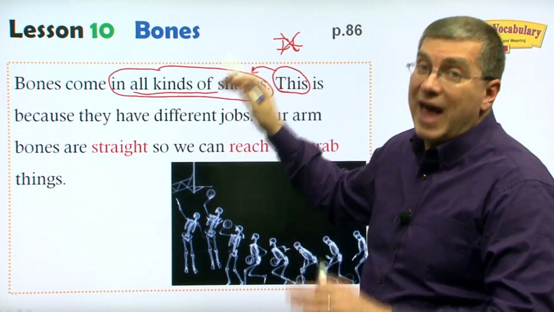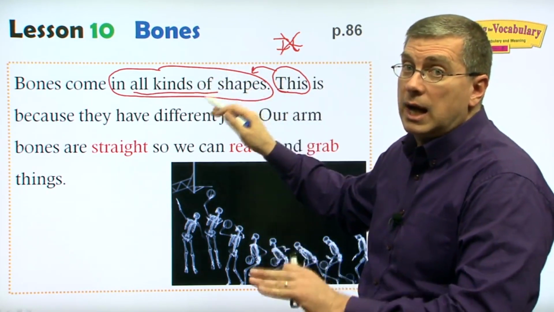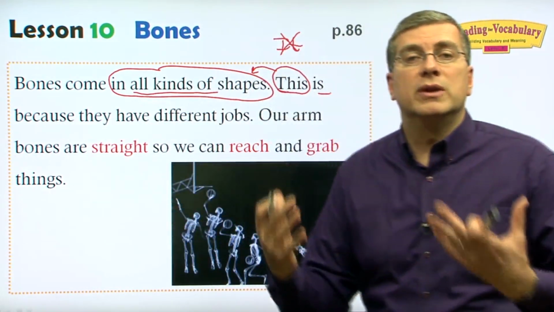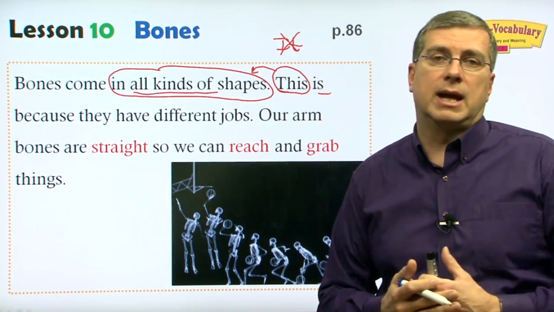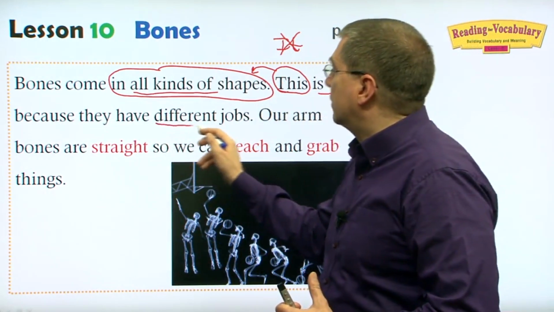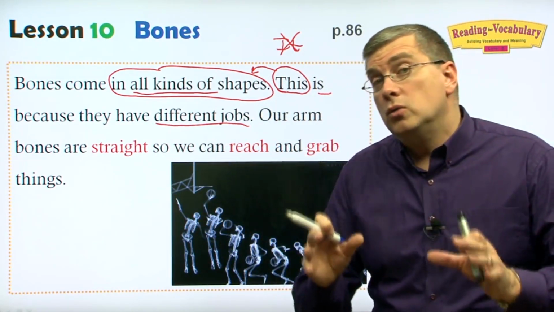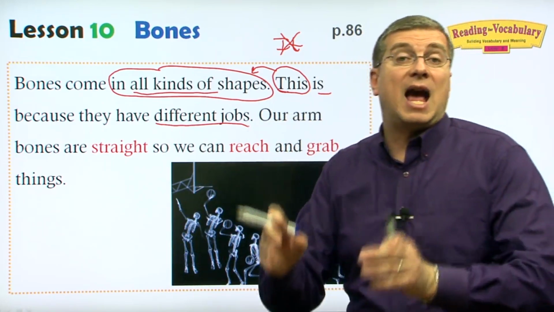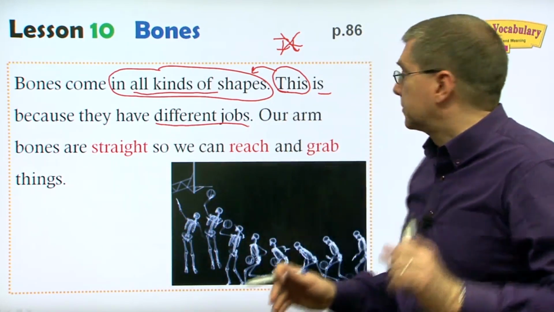So, bones come in all kinds of shapes. The fact that they come in all kinds of shapes is because... So this sentence says, why do they come in all kinds of shapes? This is because they have different jobs.